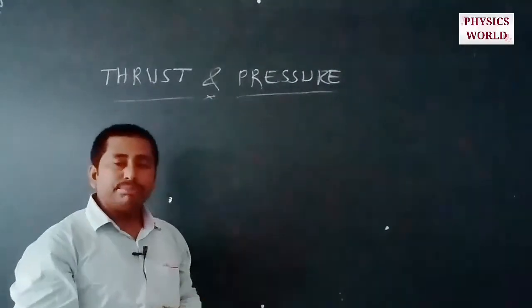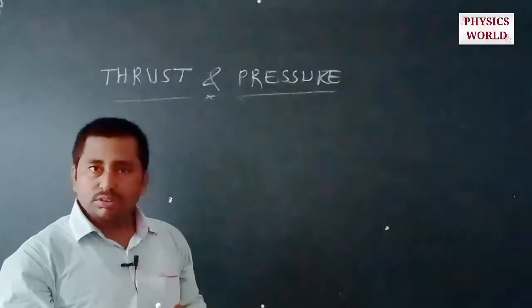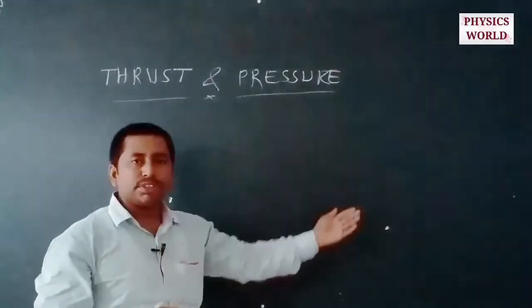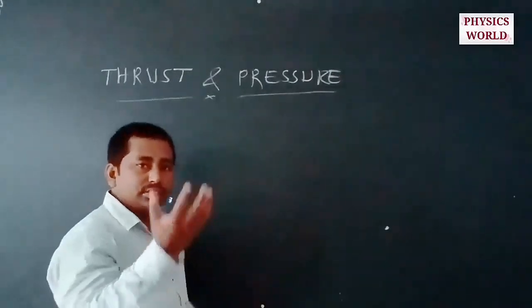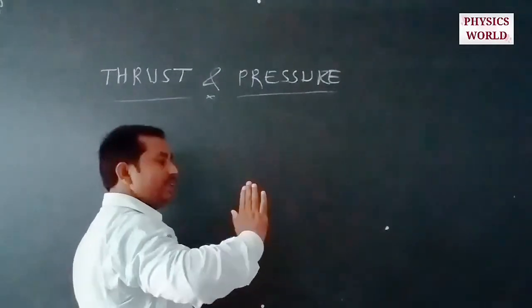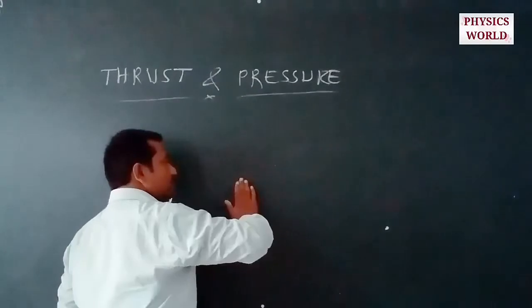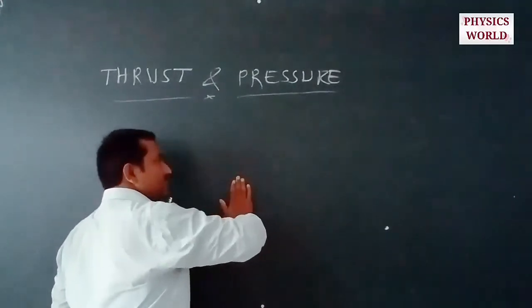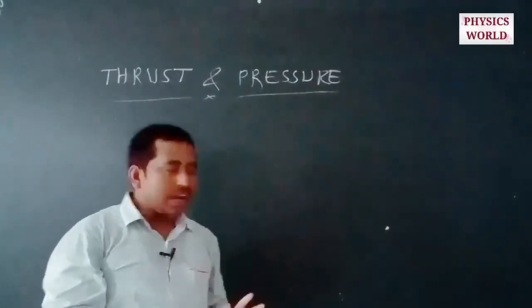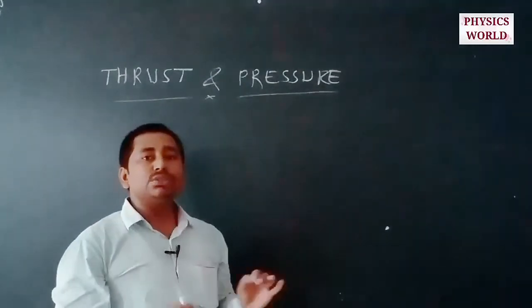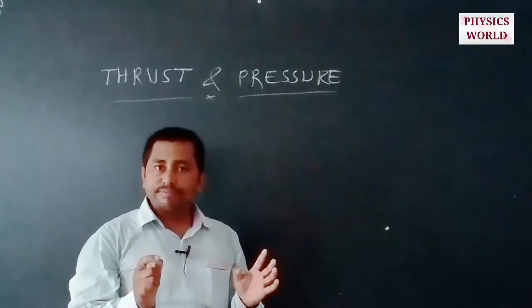As we know, if we apply some force on any surface, suppose the surface of this board, and suppose this is our hand and we want to apply some force normally on this surface, then the total amount of the force acting on this surface is known as thrust.